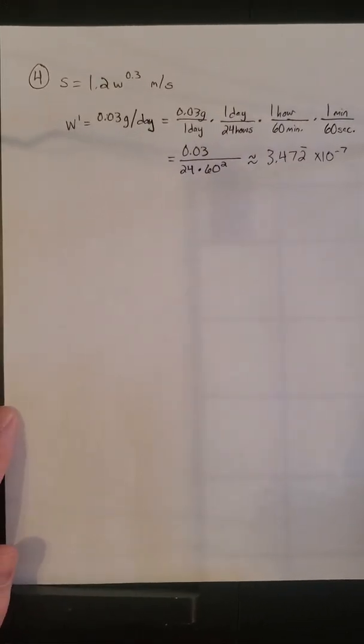Which makes sense because, of course, the weight or the mass of the lizards is going to change by an extremely small amount each day. That makes sense. Or each second, each second. I mean, it's changing by a small amount, relative even per day, but it's an extremely small amount per second. So this number makes sense. You always want to make sure the number makes sense.